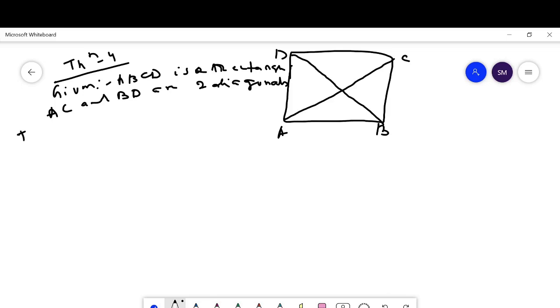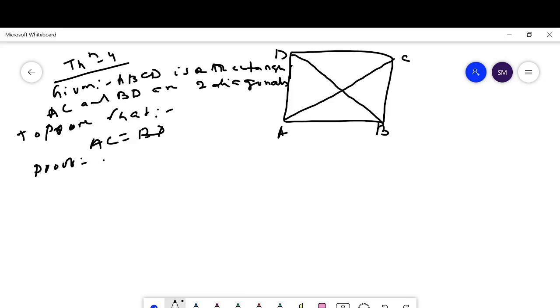Then to prove that the diagonals have the same length, means AC is equal to BD. Then we have to prove that AC is equal to BD. Then proof.